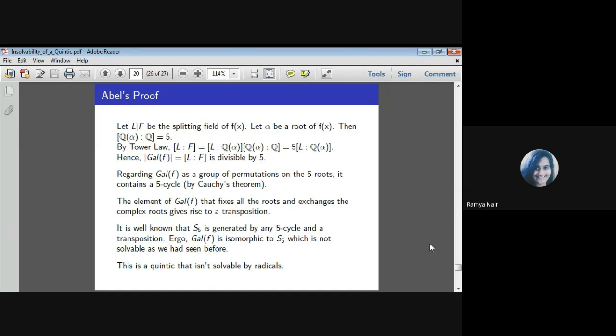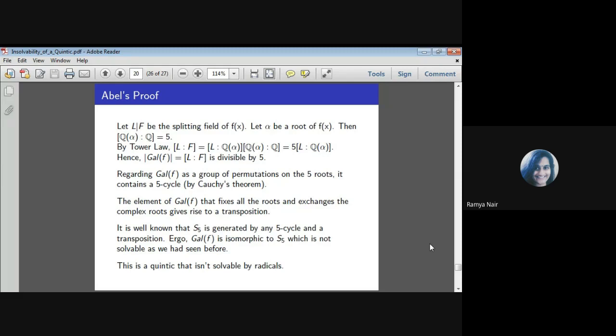And since this polynomial is irreducible, there is a result which says that if you have an irreducible polynomial of a certain degree and alpha satisfies that polynomial, then this degree equals the degree of the polynomial.